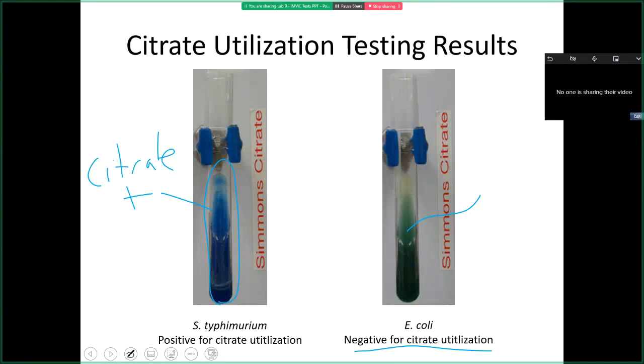You can make slants like these, or you can use plates of Simmons citrate agar. That's what it'll tell you. But it's a really reliable, really useful test because it differentiates coliforms very cleanly, very nicely into different categories. That, I think, may be it. Yep, that's it.